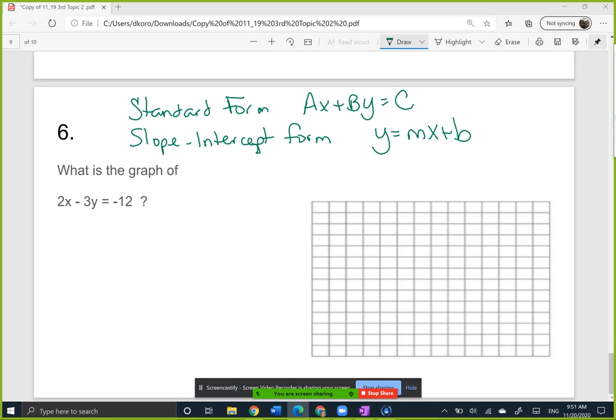So for this one, it's in this form, whereas the bell work was in this form. So you might want to go back and look and compare the difference.